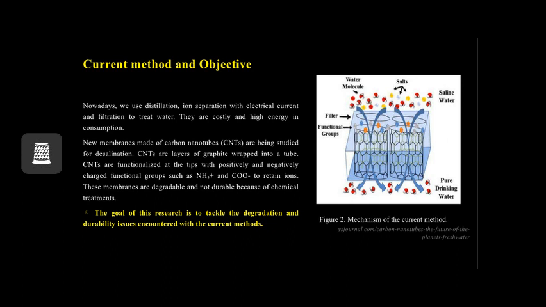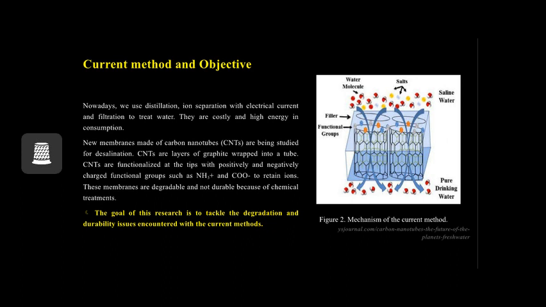In recent years, scientists have been looking into carbon nanotubes, also known as CNTs, for water desalination. CNTs are layers of graphite wrapped into a tube. In the current desalination methods using CNT-based membranes, CNTs are functionalized at the tip or on the sidewall with positively charged functional groups like NH3+ and negatively charged functional groups like COO-.